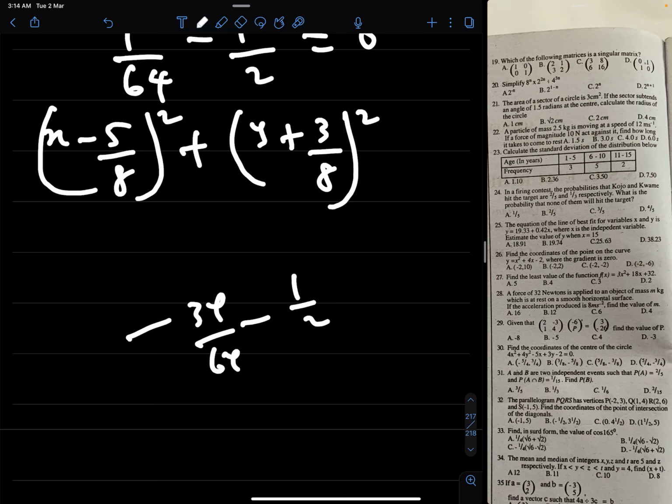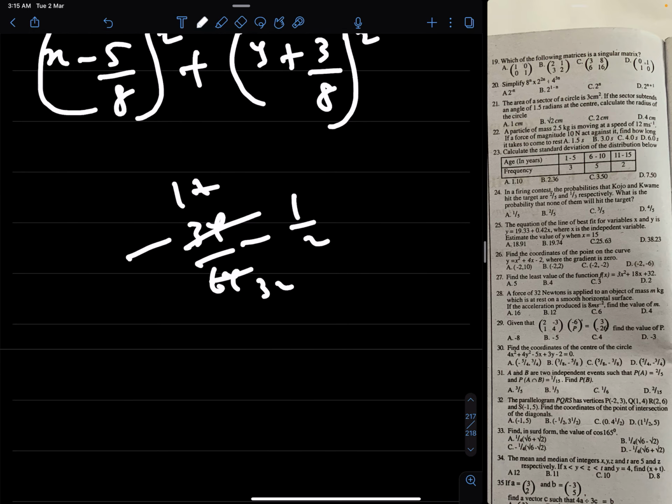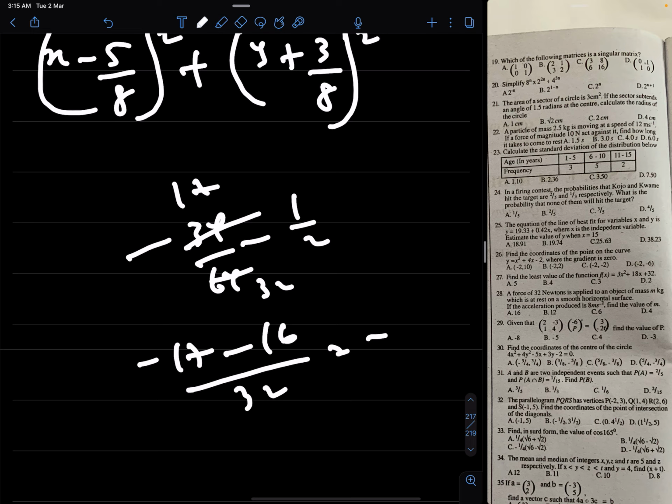That's the same as, let's see, of course 34 over 64 is the same as 2 here is 17, 32. So I'm going to have minus 17 minus 16 over 32, which is minus, need to be sure, which is minus 33 over 32.